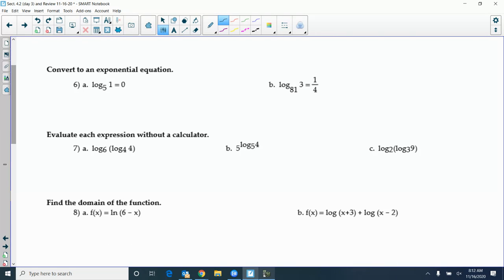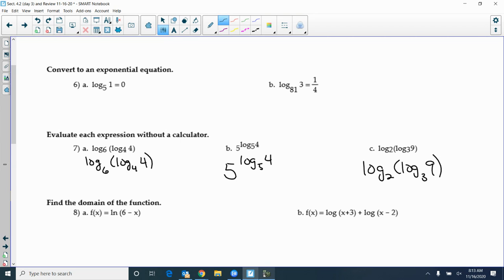This is log base 6 of log base 4 of 4. With the program, for whatever reason, I run into issues every now and then with the bases. And this is 5 to the log base 5 of 4. And this is log base 2 of log base 3 of 9. Sometimes they come in perfectly fine, and then other times I can't figure it out.